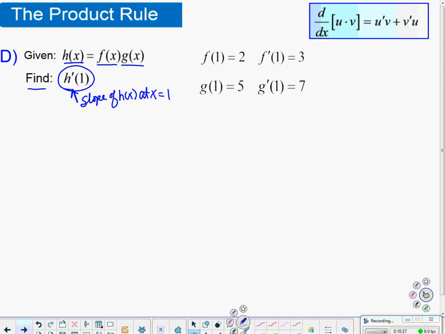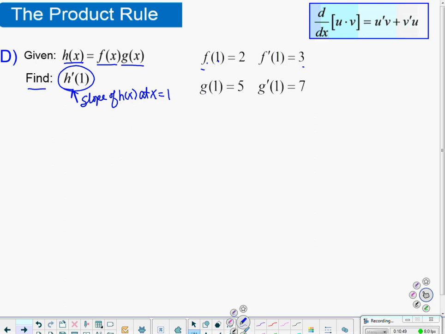That's how you interpret that notation. And then the other interesting thing, over on the right here, I'm just given lots of data. I know my original function evaluated at 1. I know my derivative evaluated at 1. I know G evaluated at 1 versus G prime, or the derivative, evaluated at 1. We will use this in our layout.